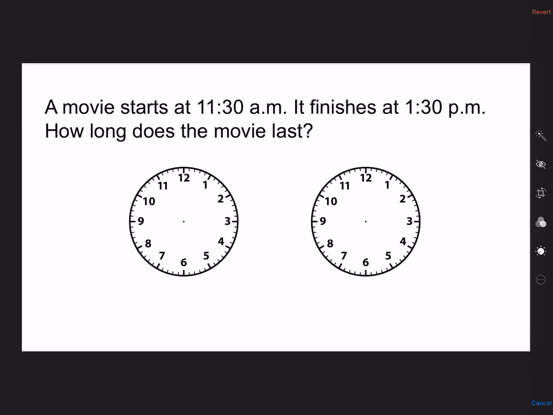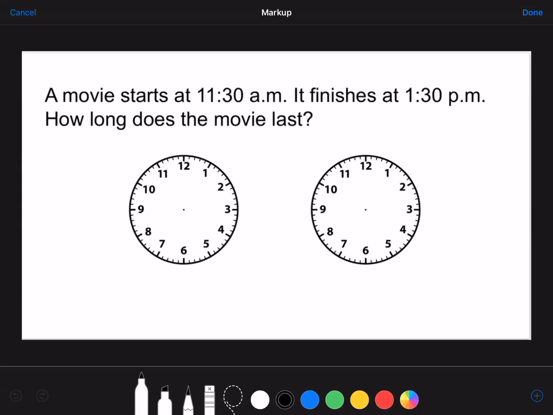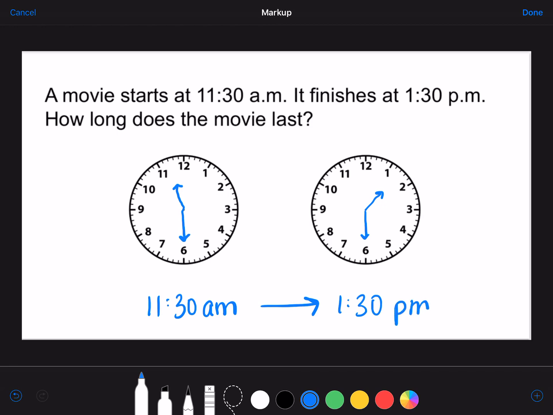Let's take a look at our next problem. At this problem, it says, a movie starts at 11:30 a.m. It finishes at 1:30 p.m. How long does the movie last? So we start by showing that 11:30 a.m. and then we're going to 1:30 p.m. Looking at this, even though it says 30 minutes, the minutes haven't changed, just the hours.